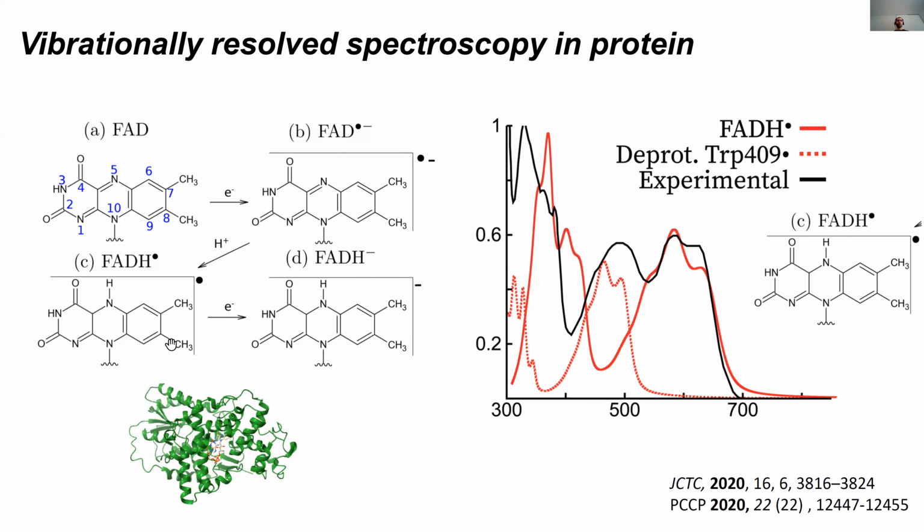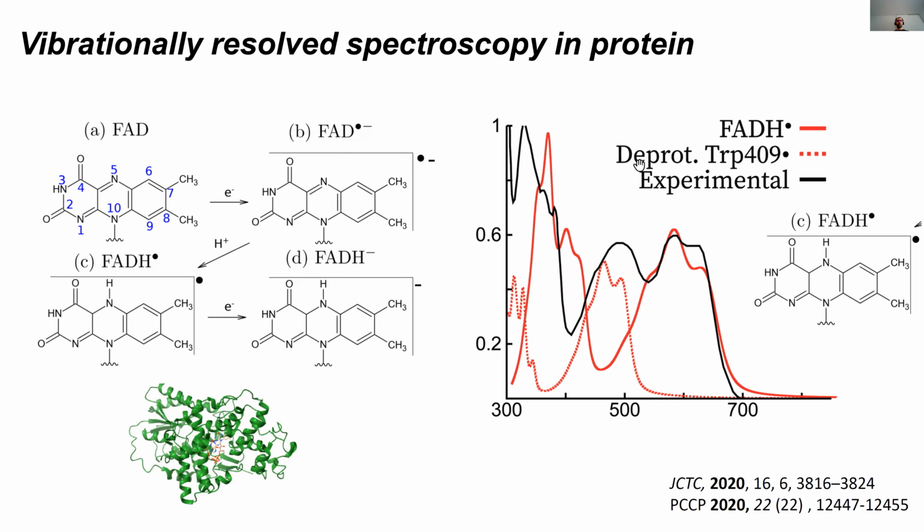And I just show you the reduced neutral form, in which we reproduce very well, compared to the black lines, the first peak and the last peak, but we were missing a peak in between these two that was showing in the experiments.